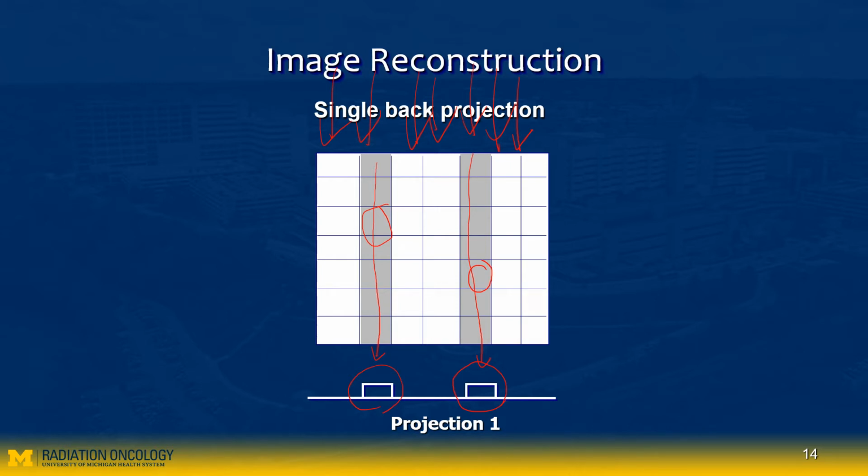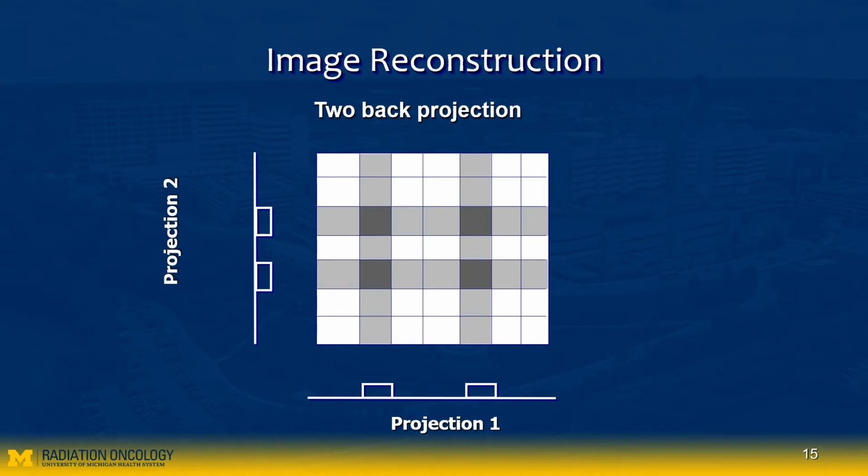Now let's throw in another projection. This time we have the X-ray source coming from your right. Because we have objects here and here, again on this detector panel you will detect attenuation through one-dimensional attenuation.